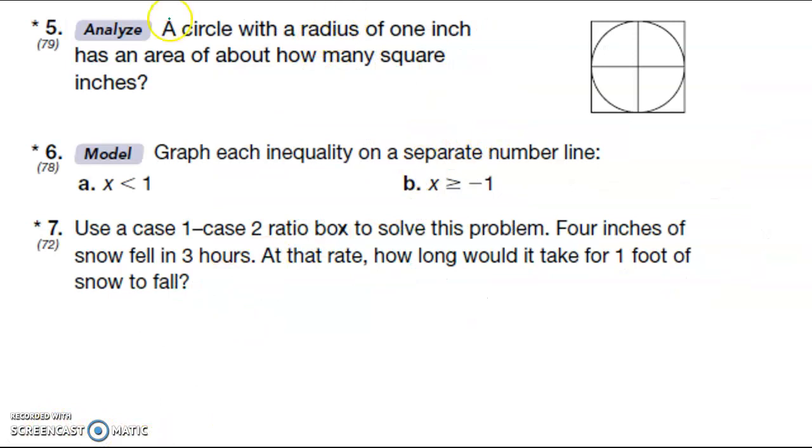Okay. A circle with radius of, these are star problems, by the way, has an area of about how many square inches? So it has a radius of 1 inch.